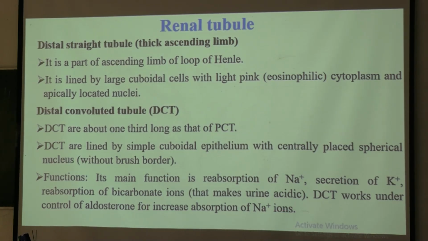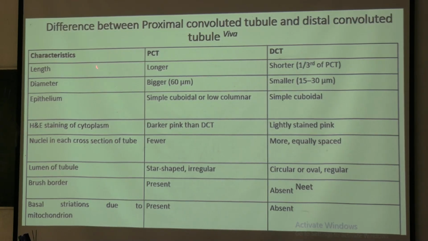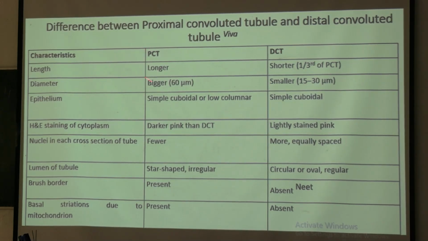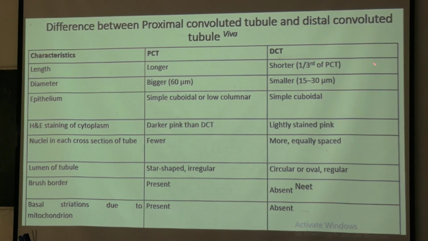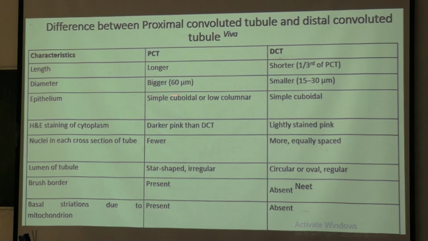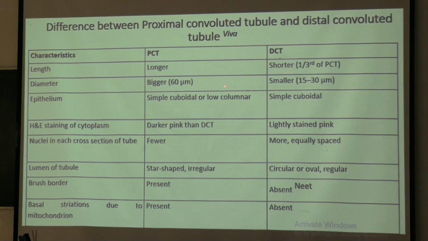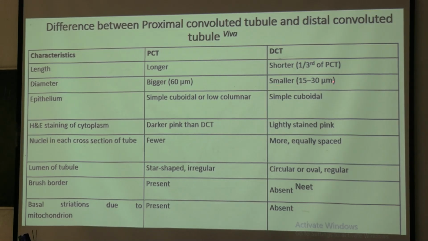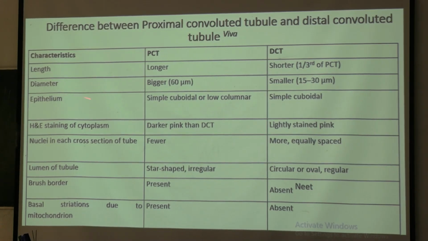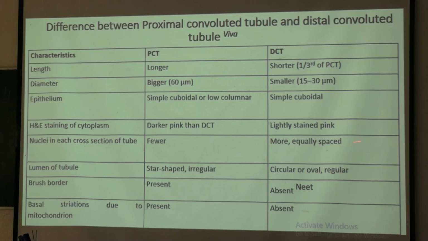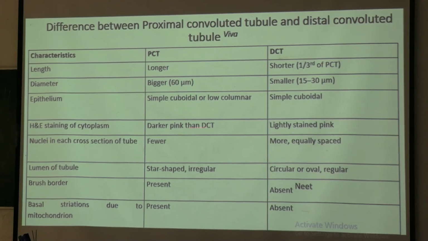So these are the differences between PCT and DCT. Length: PCT longer, DCT shorter, one third of PCT. Diameter is bigger, 60 micron, and DCT diameter smaller, 15 to 30 micron. Epithelium is simple cuboidal or low columnar in PCT, here simple cuboidal. HE staining of cytoplasm is darker pink in PCT than DCT, light staining pink.